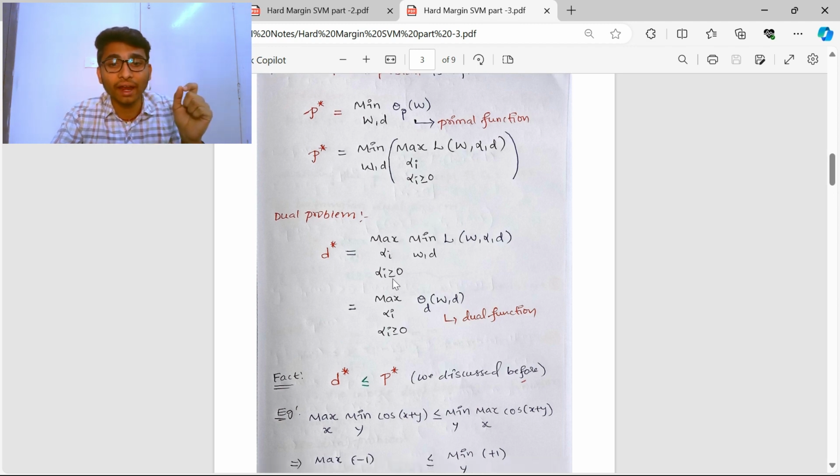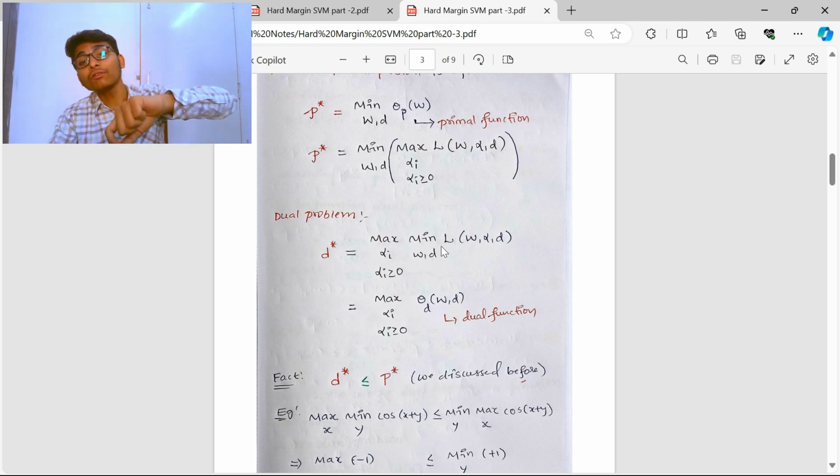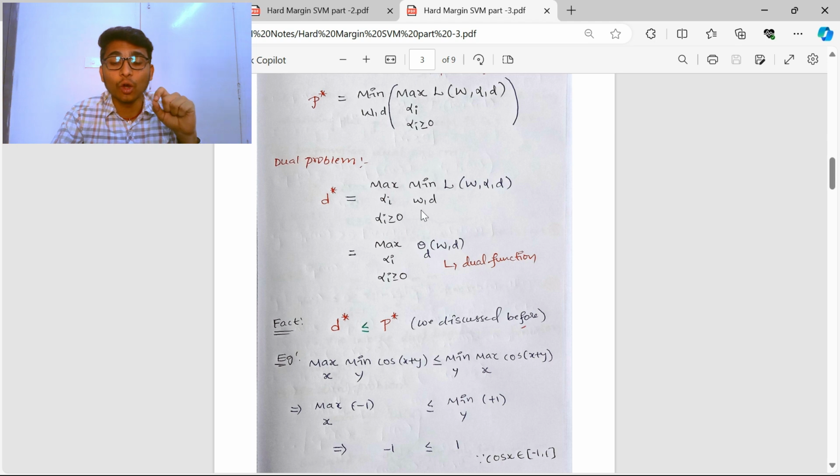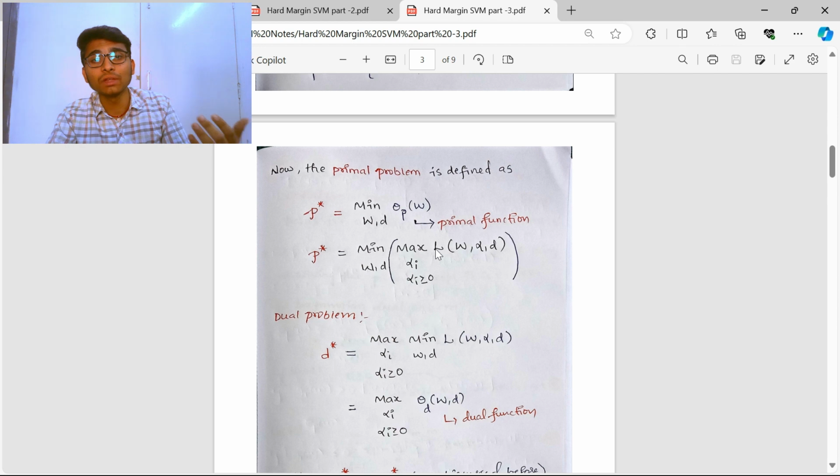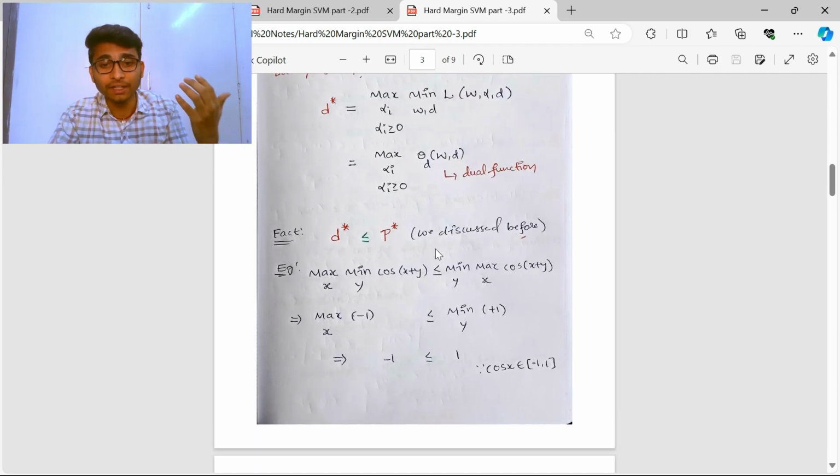Maximum over alpha i greater than or equal to 0, and minimum over w comma d of the Lagrangian function. This minimum over w comma d of the Lagrangian function I define as the dual function, and d star is equal to the maximum over alpha i greater than or equal to 0. This is how the dual problem and the primal problem are defined, right?